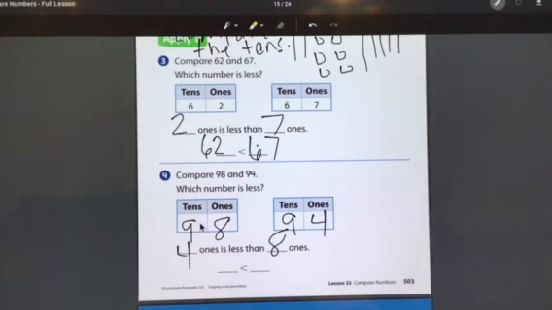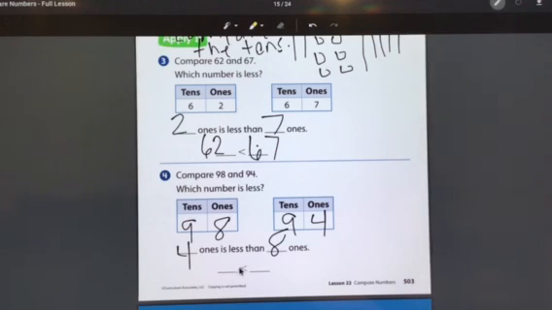So it's a little confusing because 98 is here and 94 is here. But before you write the numbers, you have to look at the ones place. They're not going to have them in the exact order for you. You have to pay attention to which one has fewer. So because 4 ones is less than 8 ones, when you go to write your numbers here, look at how the symbol is pointing.